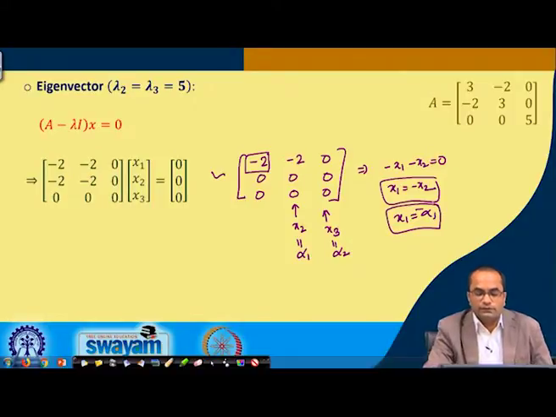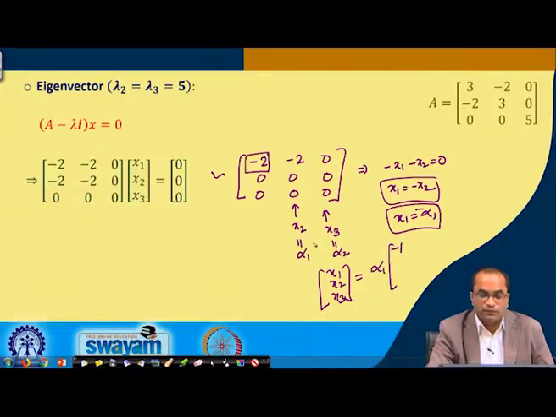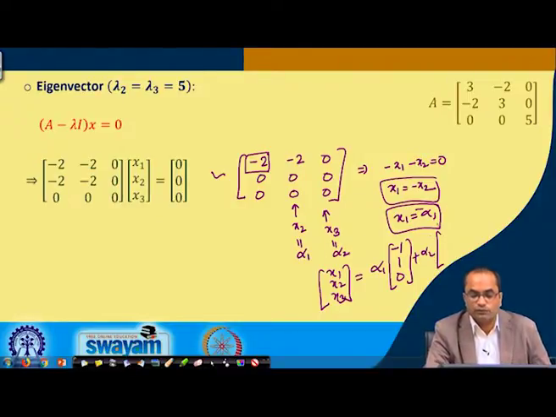So, we have now the vector x 1, x 2 and x 3 with alpha 1 and alpha 2. With alpha 1, in x 1 we have minus 1, in x 2 also we have a component, and this is 0 with alpha 2. Again, in the x 1 component there is no alpha 2, in x 2 also there is no alpha 2, and here we have this 1.